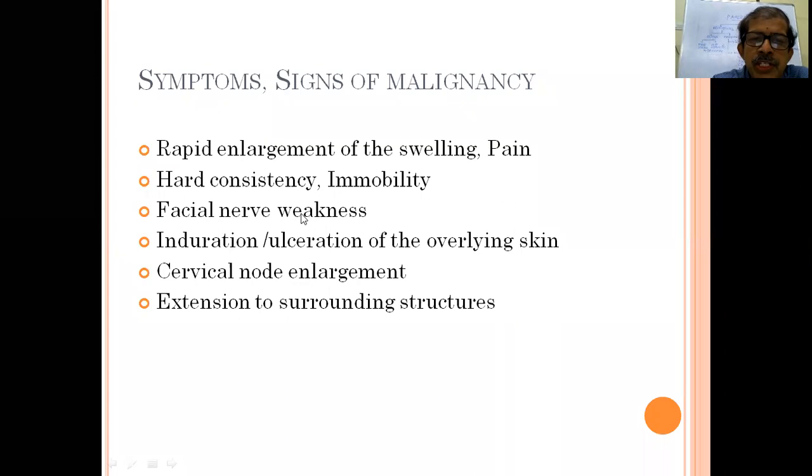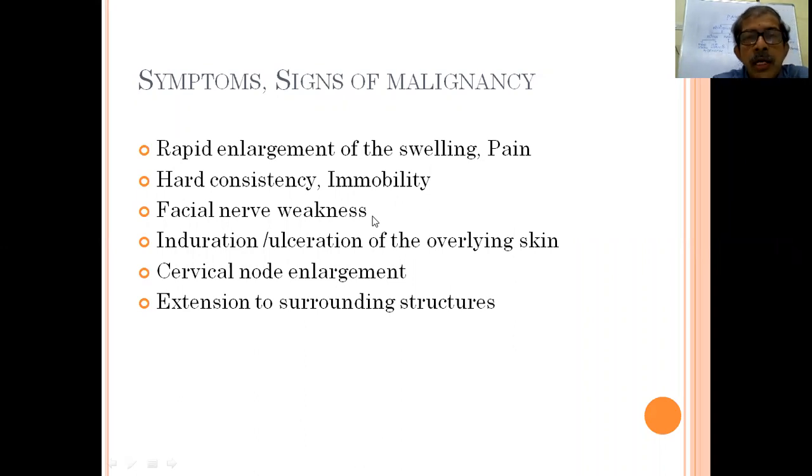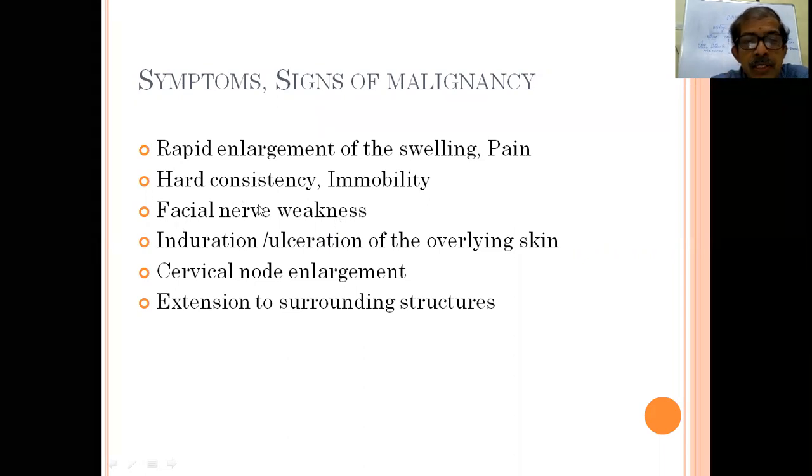If there is facial nerve palsy, maybe even paresis also, it is malignant. It cannot be benign. So a swelling with previously no facial palsy, now with facial palsy, means it is malignant transformation of pleomorphic adenoma. So you have to remember that.